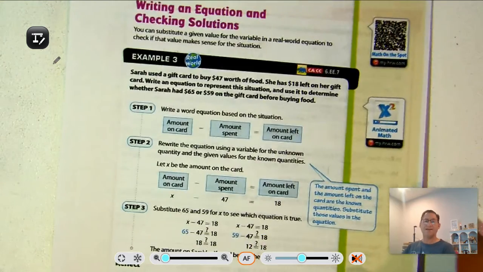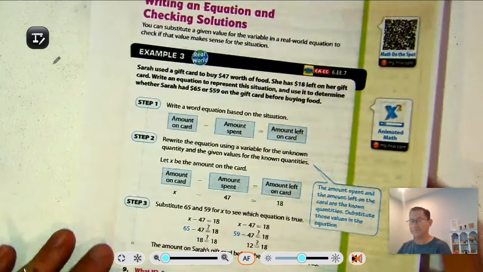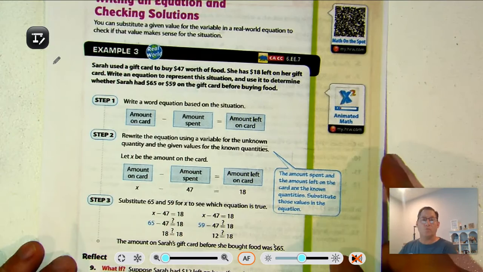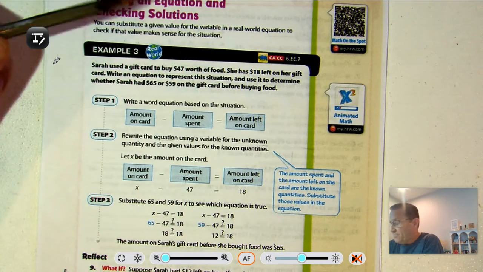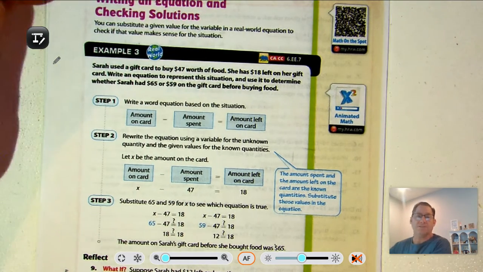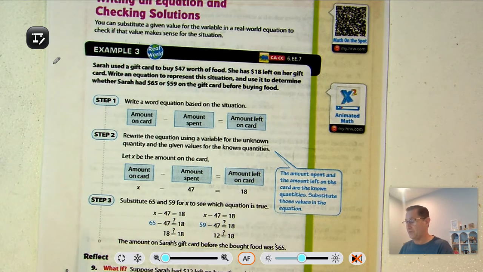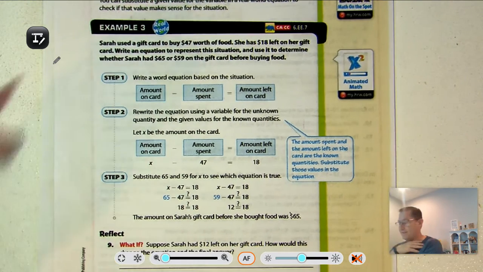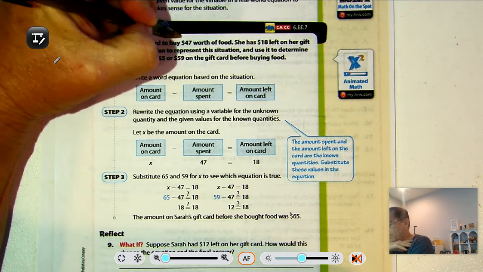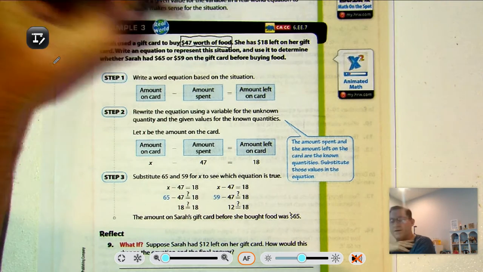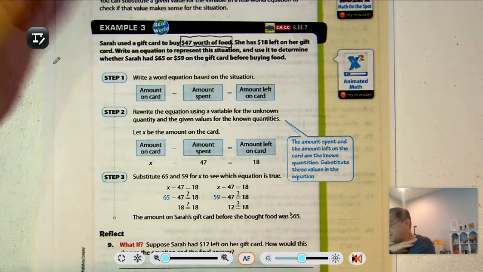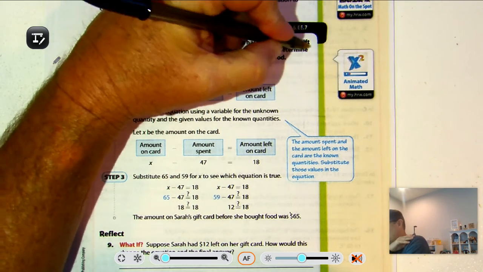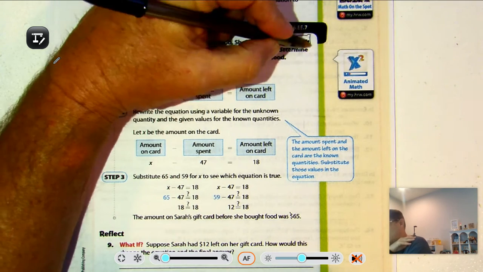All right, so write an equation and checking solutions. So we know we can substitute a given value for the variable in a real world equation to check if the value makes sense for the situation. So let's look at example 3. Sarah used a gift card to buy $47 worth of food. She has $18 left on her gift card.